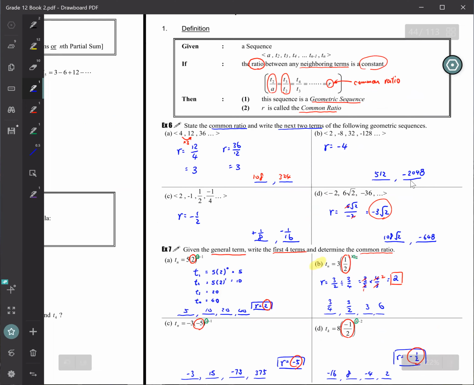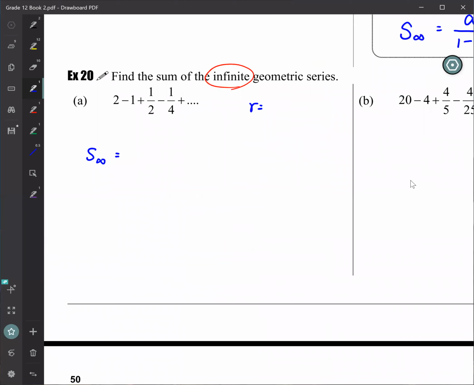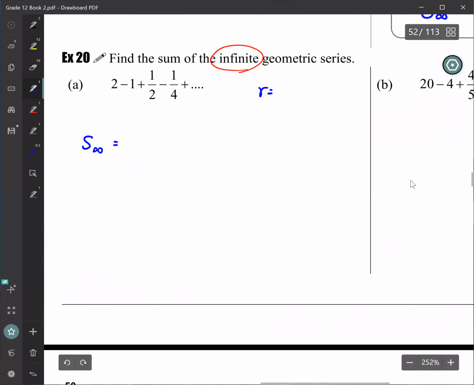That's right. So over here, what's the ratio? Try again. Second term divided by first term. Which one is the second term?